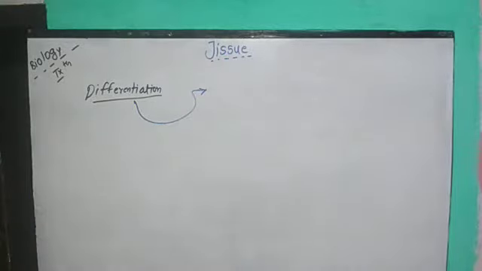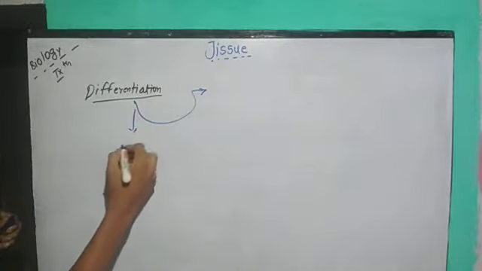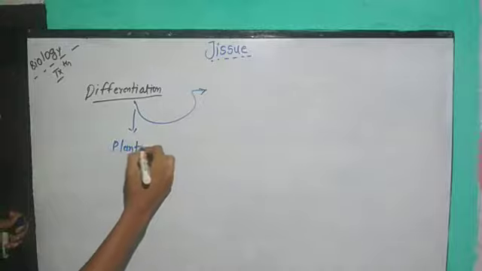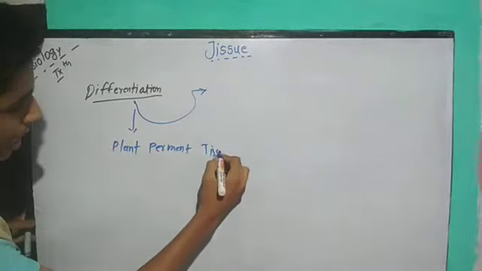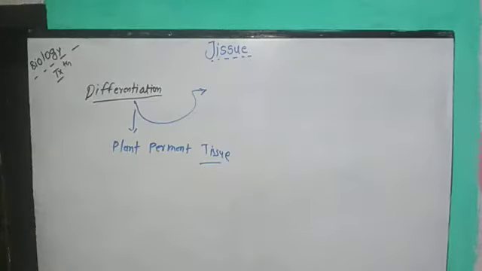A type of process by which meristematic tissue is differentiated to form permanent tissue, where they lose the ability to divide, is known as differentiation, and the resultant thing that we get from differentiation is known as plant permanent tissue.